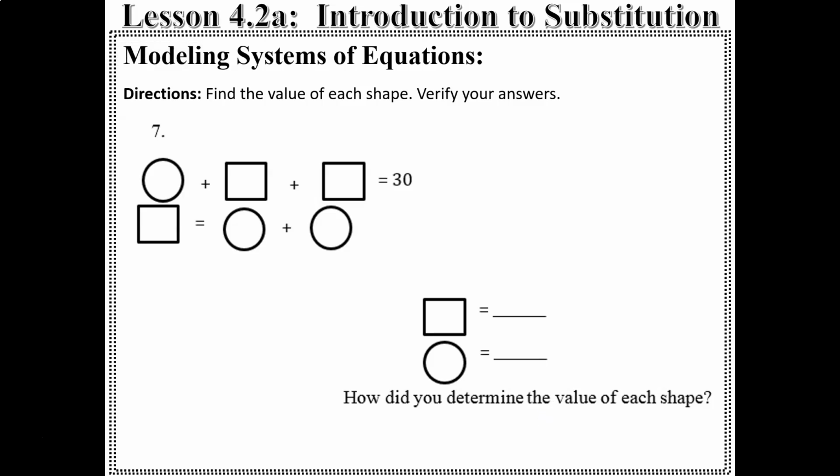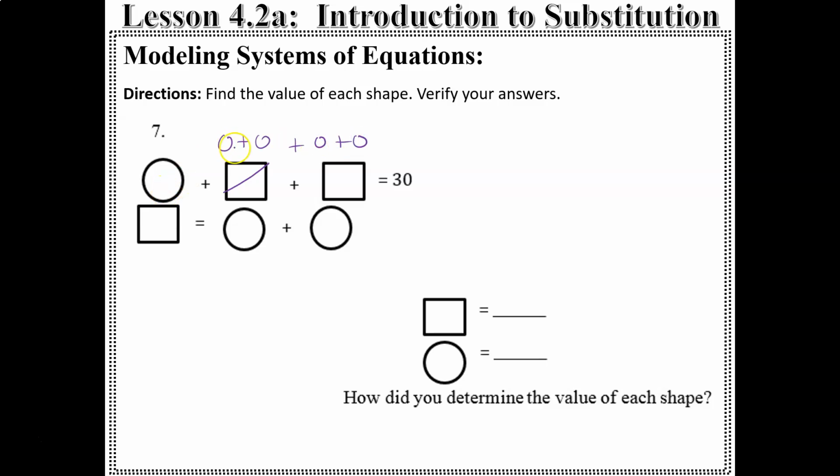Number 7. All right. This one is interesting because we don't get a second number. We have a circle plus a square is 30, and a square equals 2 circles. So what I'm going to do is on the top, every square that we have, I'm going to replace it with 2 circles, because we know the bottom tells us that 1 square is 2 circles.